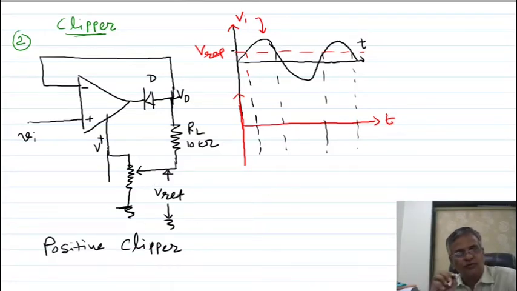Remember one line, and you can draw any kind of output waveform. In a positive clipper, the portion of the input above the reference level is always clipped. Listen to what I mean: in a positive clipper, the portion of the input signal above the reference level, I use the words above the reference level, is always clipped.